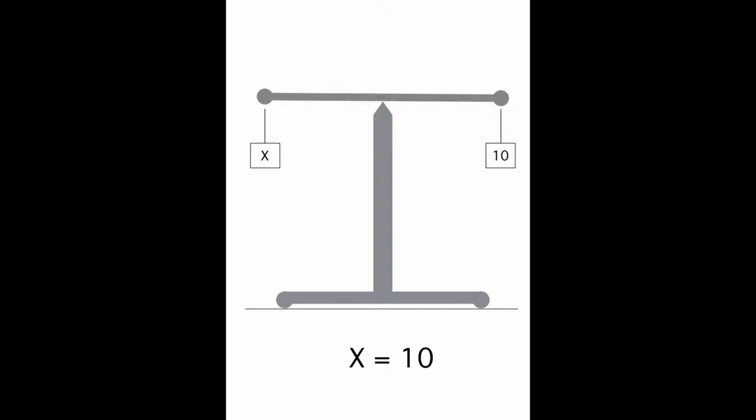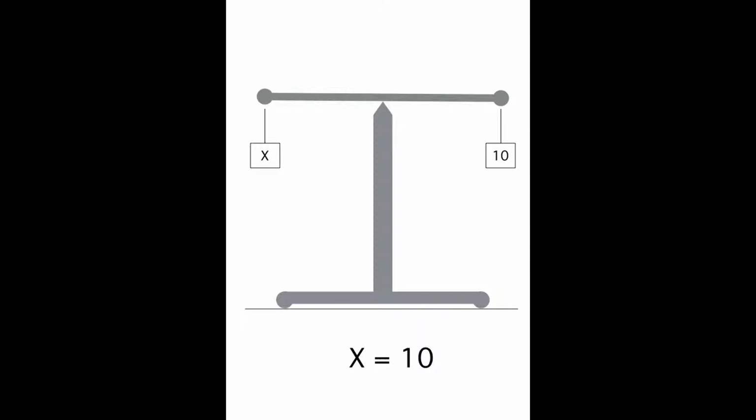Now the idea of working with equations is to keep this balance level. To keep it level means that if I do something to one side of the equation, I have to do exactly the same thing to the other side, otherwise it won't stay balanced.